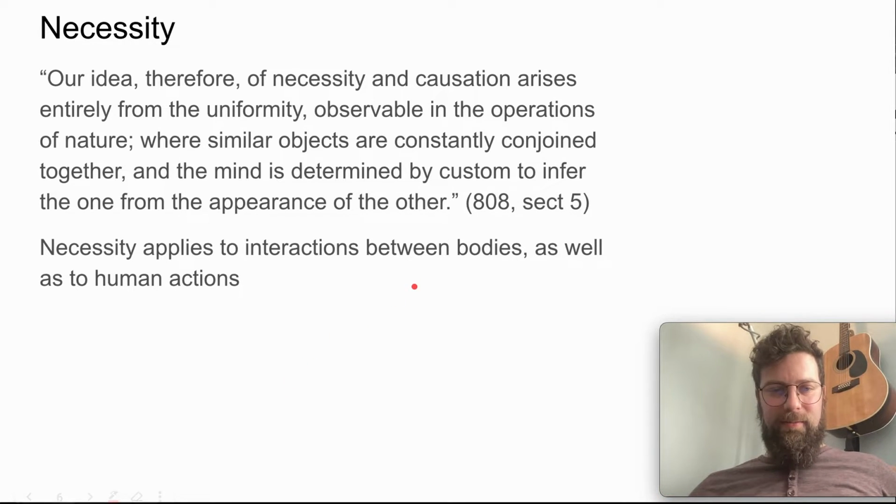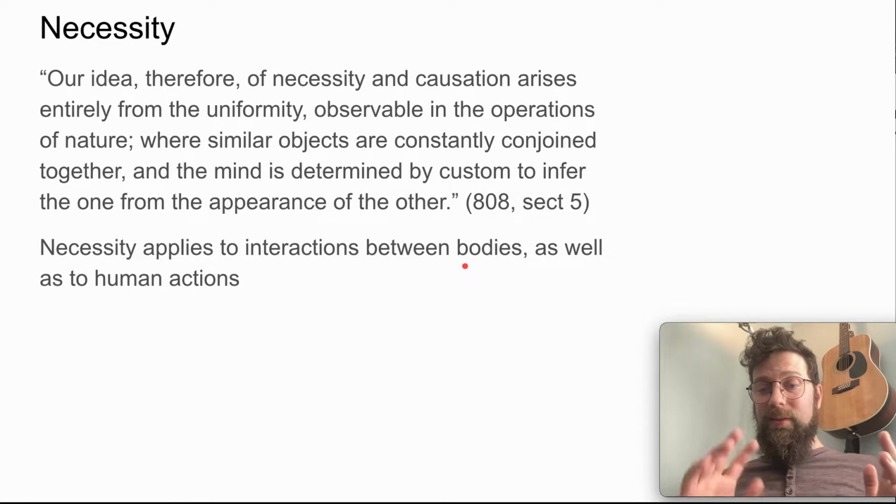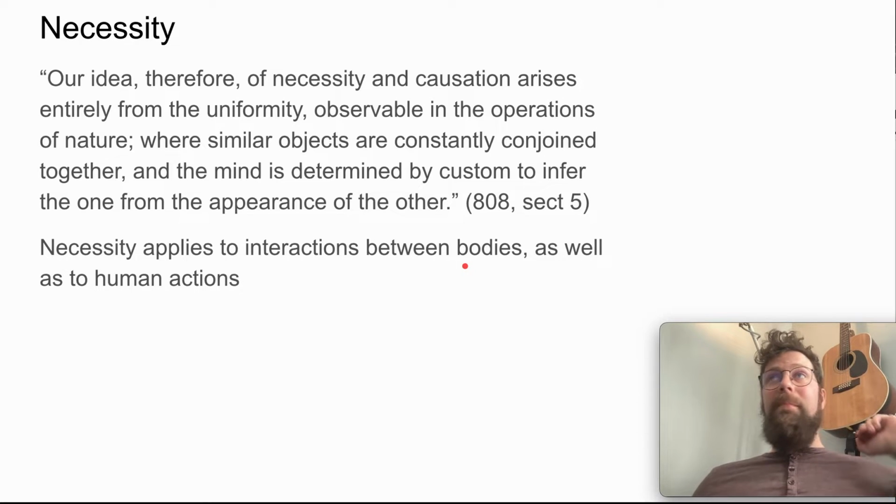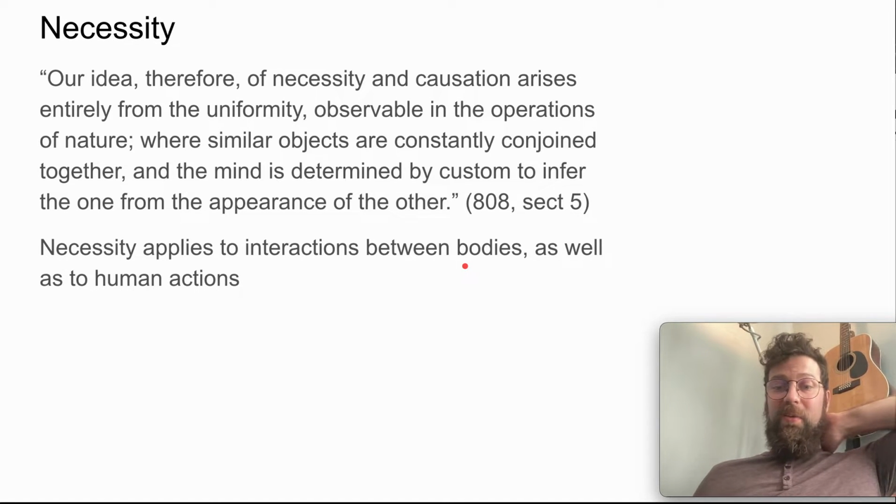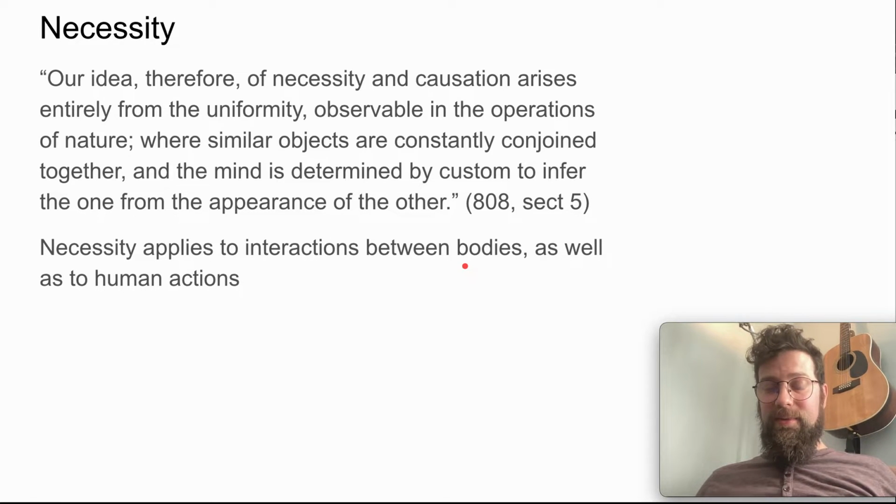Now, here's the next point. So we can believe in necessity as it applies to interactions between bodies. You do this kind of thing, you get that type of result. And that happens when it comes to gravitation or observing billiard balls and so on and so forth. He's going to say this line of thought also applies to human behavior.